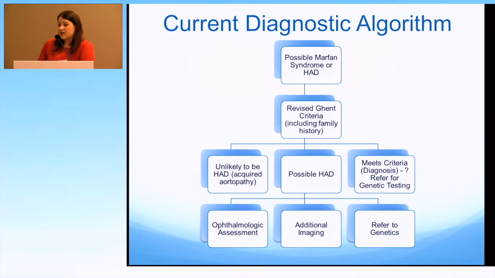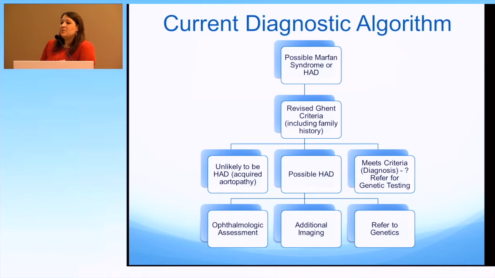So our current diagnostic algorithm, so pretty much, when people come from any of those pools and they show up in the cardiology aortopathy clinic, they get put into this box of possible Marfan syndrome or genetic aortic disorder. And then we always take a family history, not quite as comprehensive as the geneticists. And then we go through the revised Ghent criteria.